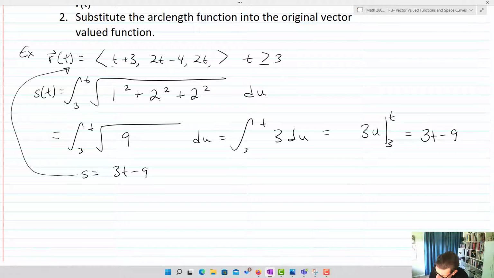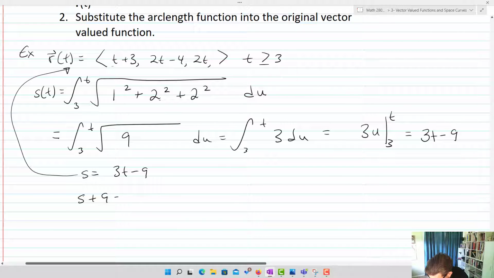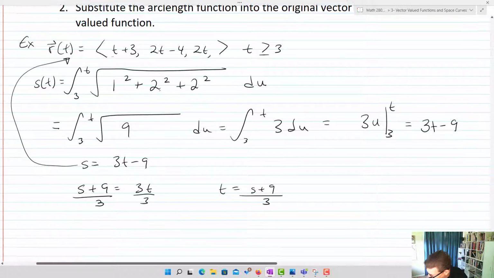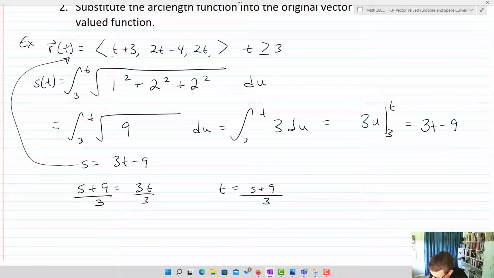So what we'll do now is set this up. We have s plus 9 equals 3t. We'll divide through by 3, so t is going to equal (s plus 9) divided by 3. And now I'm going to plug that back into my original equation.